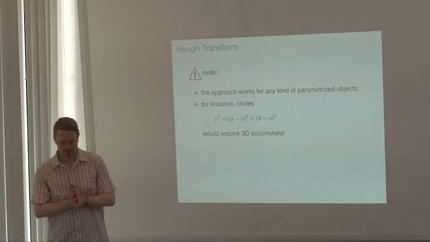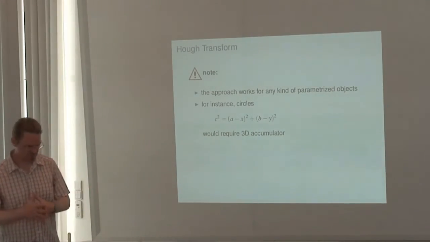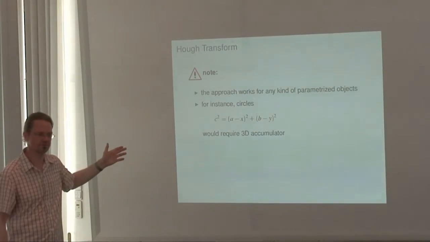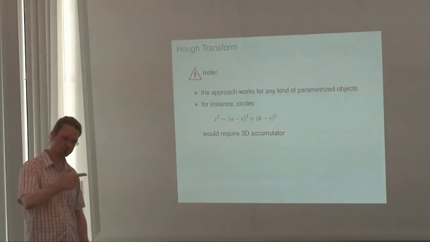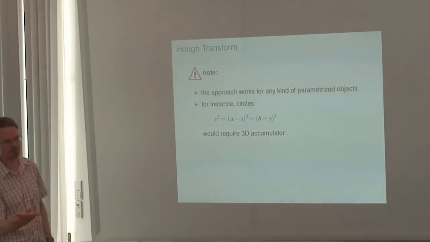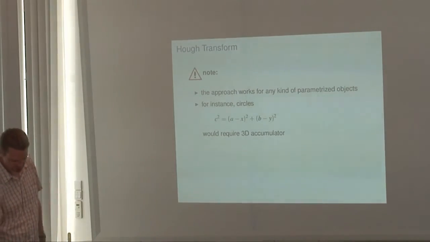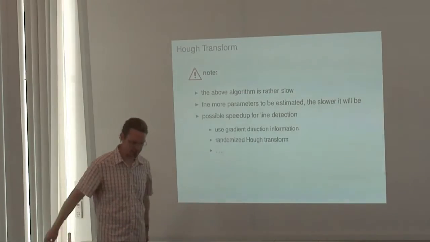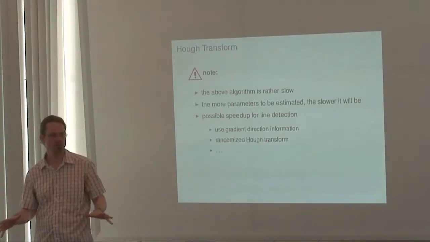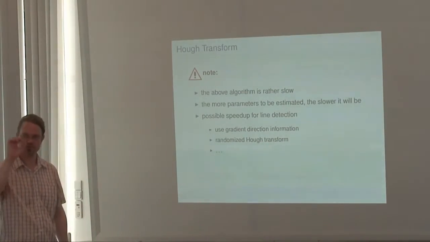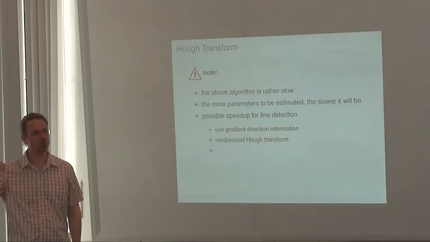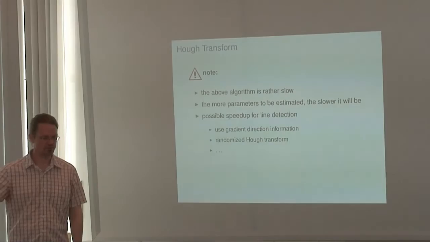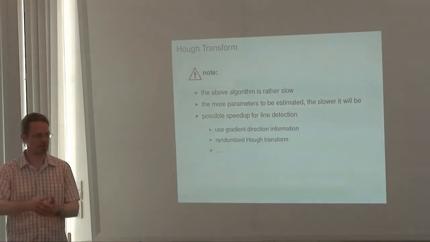Everything is the same, except of course there are more for loops in the code, right? Because so far we looked at 2-dimensional half spaces, now it would be 3-dimensional, one more for loop. And therefore, this algorithm is actually really slow. For every foreground pixel, we have to create all possible lines in half space, and then we have to look at if they intersect.